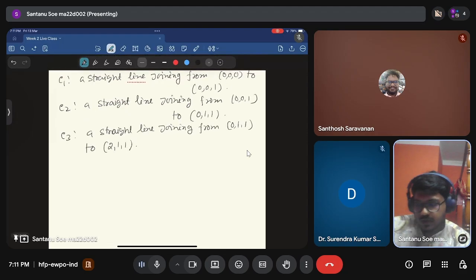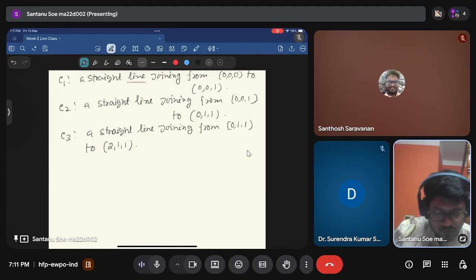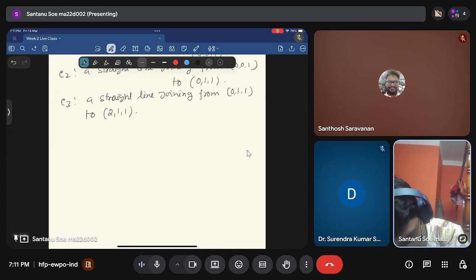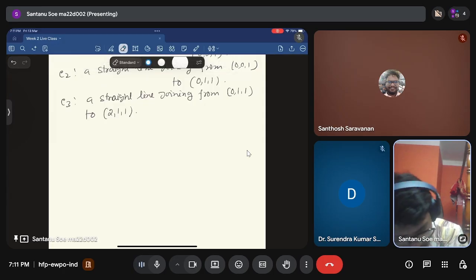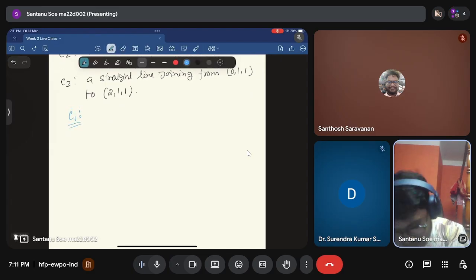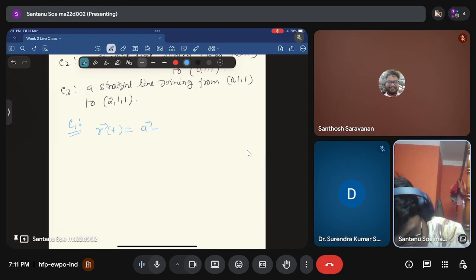Now we're going to do a parameterization of these three lines, C1, C2, and C3, and then use the line integration formula along each curve. For the straight line, which is also a curve, the parametric form is just A plus t into (B minus A).